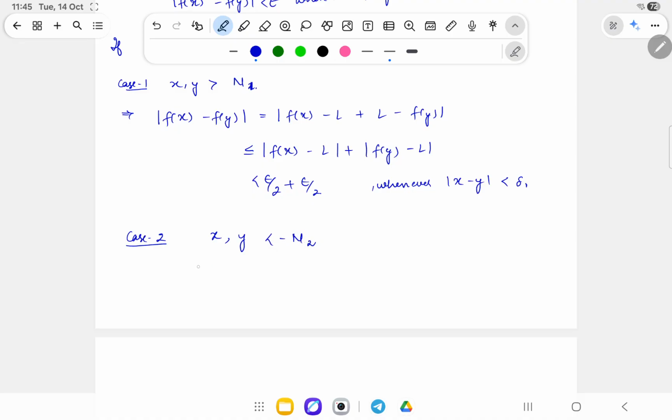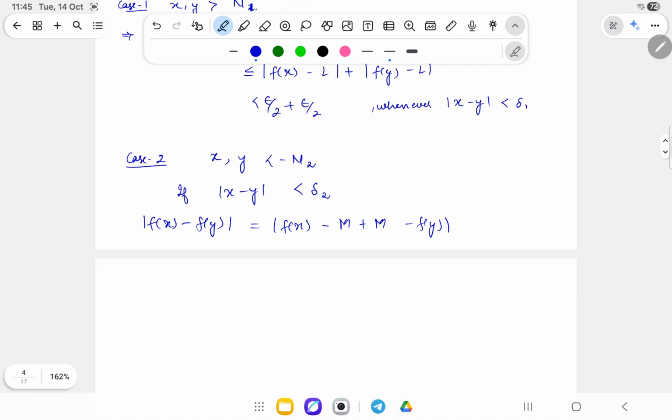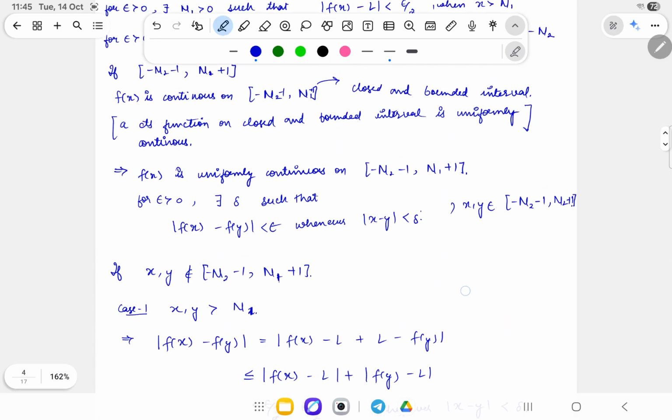So in this case, if my |x - y| is less than, let's say, delta 2, then what will be my |f(x) - f(y)|? So I can write it as f(x) minus m plus m minus f(y). Now I can use the triangle inequality here, so that basically makes it |f(x) - m| plus |f(y) - m|, and this term is basically less than epsilon by 2, and this is also less than epsilon by 2 because of the existence of this limit.